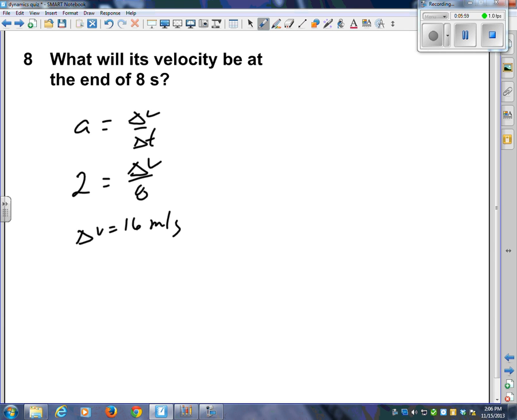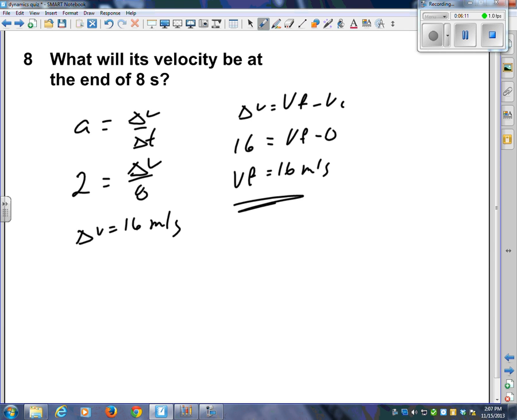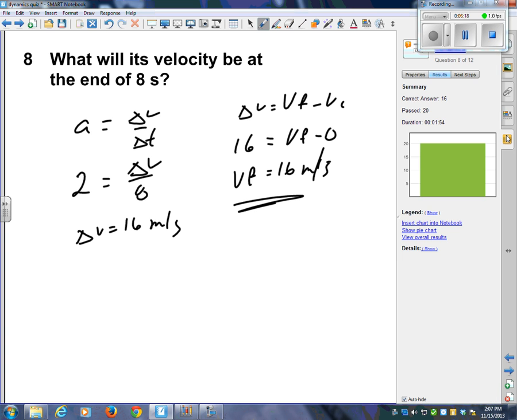Because the initial velocity is 0, we really should show this. The final velocity is 16. Remember, the delta V and the VF are only the same number when VI is equal to 0. How'd we do there?